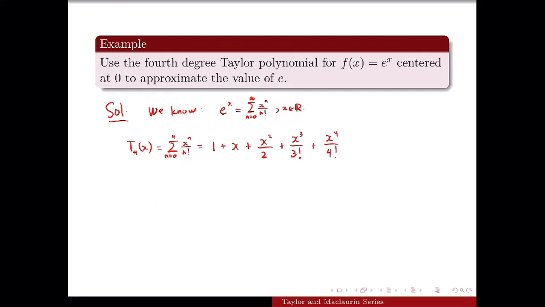I did not write the factorial here because anyway 2 factorial is just 2 times 1, which is also 2. So this is just 1 plus x squared over 2 plus x cubed over 3 times 2 times 1, that's just 6, plus x to the 4 over 4 factorial. So 4 times 3 factorial, that's 4 times 6, this is 24.